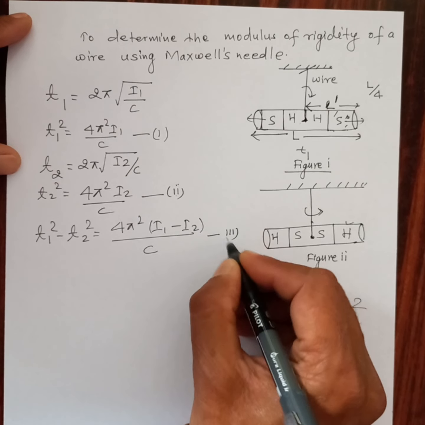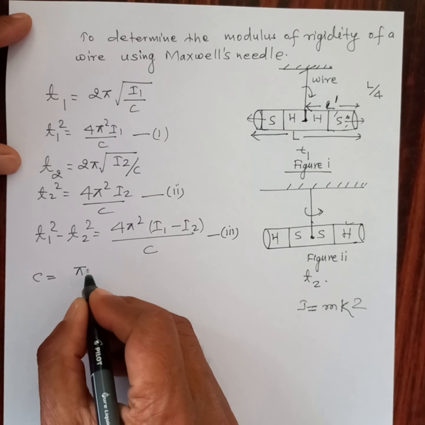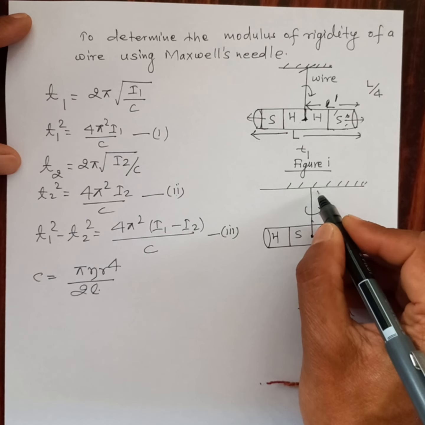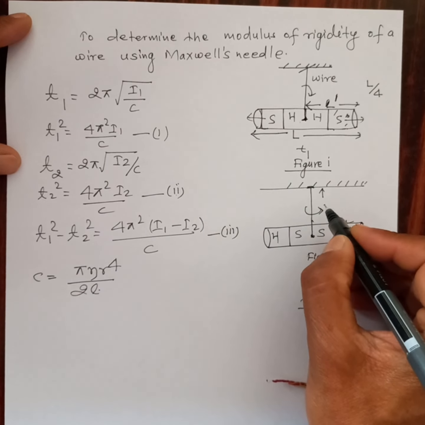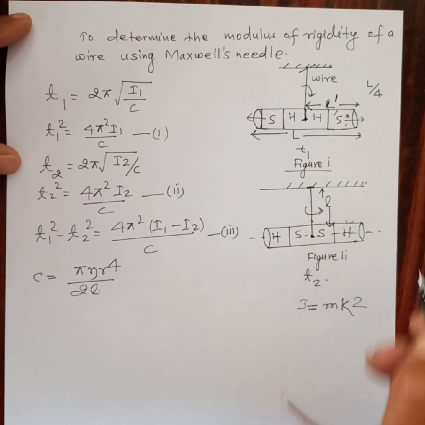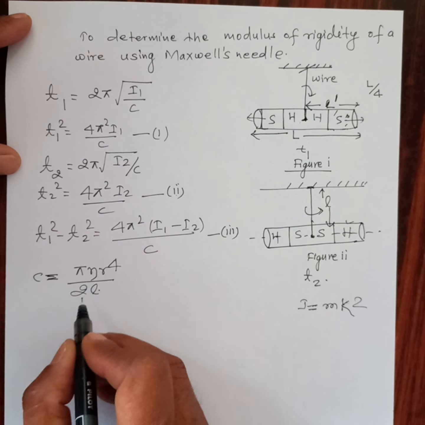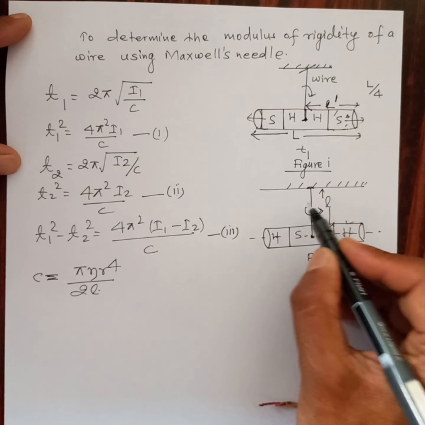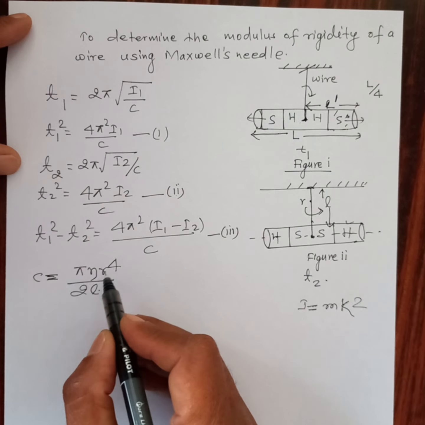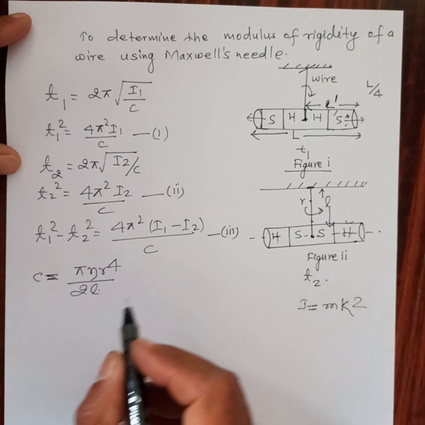Equation 3. But the restoring torque per unit twist C is related by the expression C is equal to pi eta R to the 4 by twice l. Here small l is the distance from the support to the center of Maxwell's needle, considering this one as a point mass. Eta is the modulus of rigidity, R is the radius of the wire, l is the length of the wire, and C is the restoring torque per unit twist.